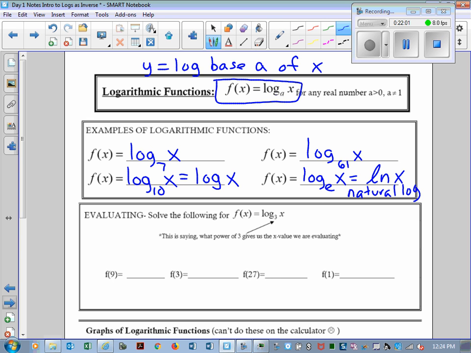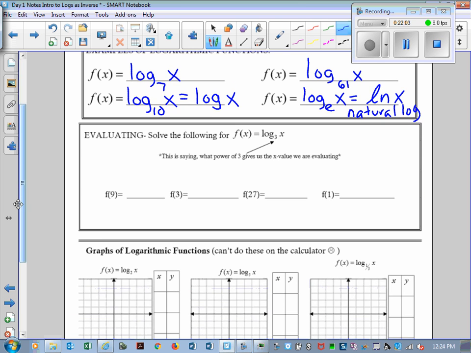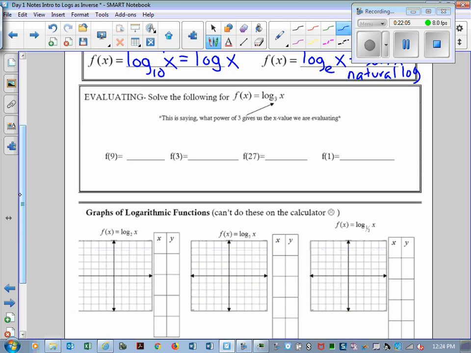All right, now let's talk about what this means. This says, starting at your base, what power of 3 is going to give us the x value that we're looking for? So here, this is going to say 3 to what power equals 9? Because this is our x in here, right? So 3 to what power equals 9?